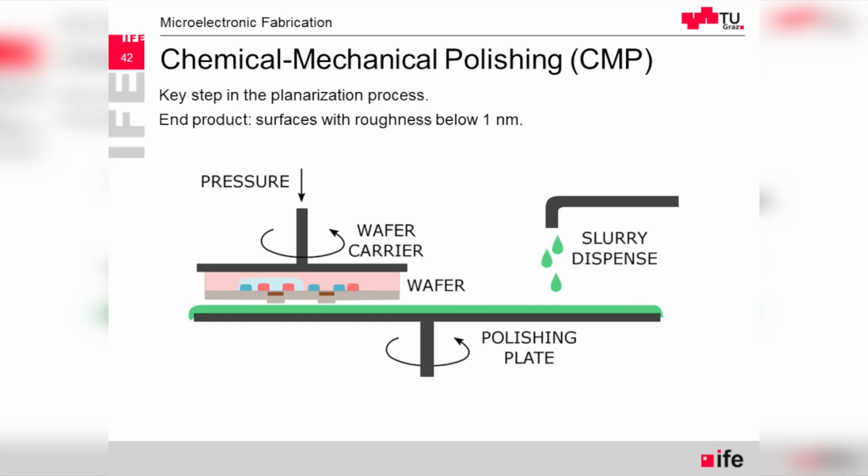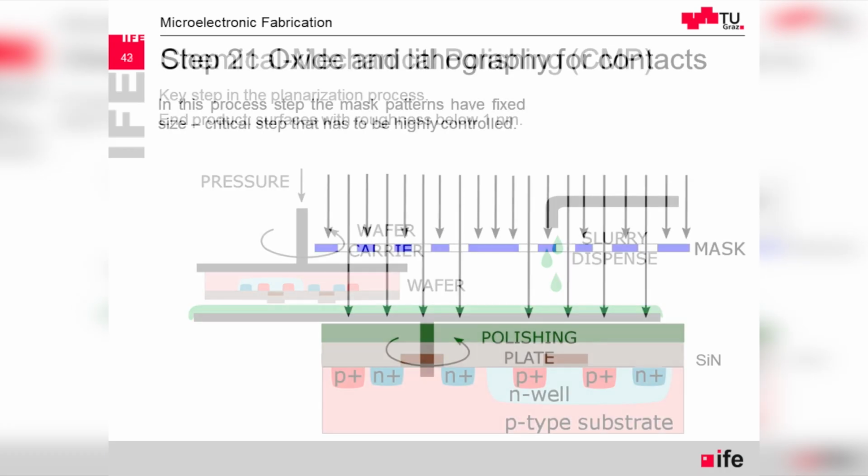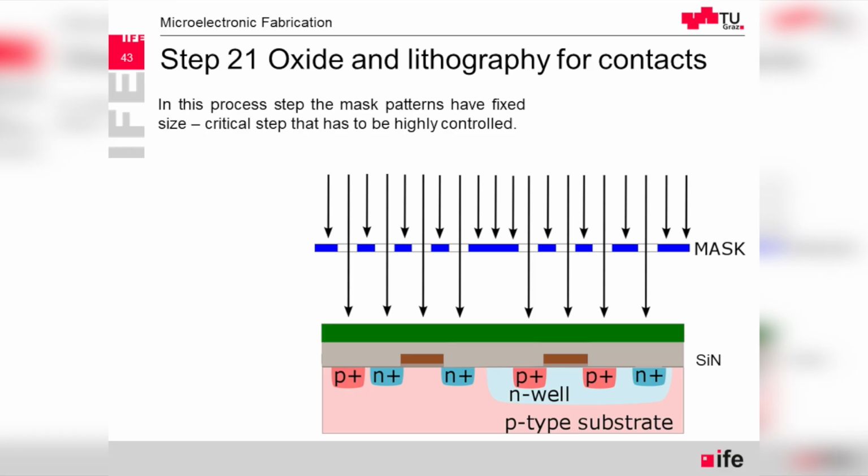At the same time, there is the chemical reaction, and continuously there is the so-called slurry delivered. It also runs off the surface due to the rotation. But basically, that's how this is being done. And in the end, we end up with the nice flat surface, flat and smooth.